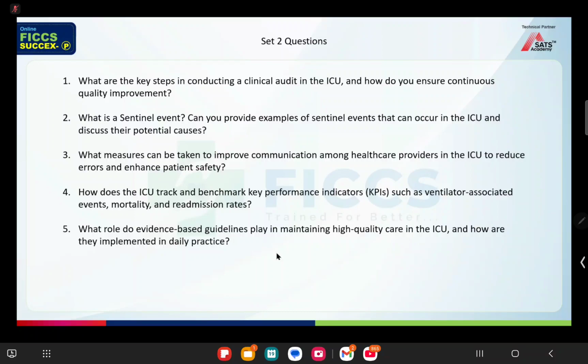And also doing the drug audit and seeing whether there are any adverse events like falls or bed sore rates in the ICUs. Okay.